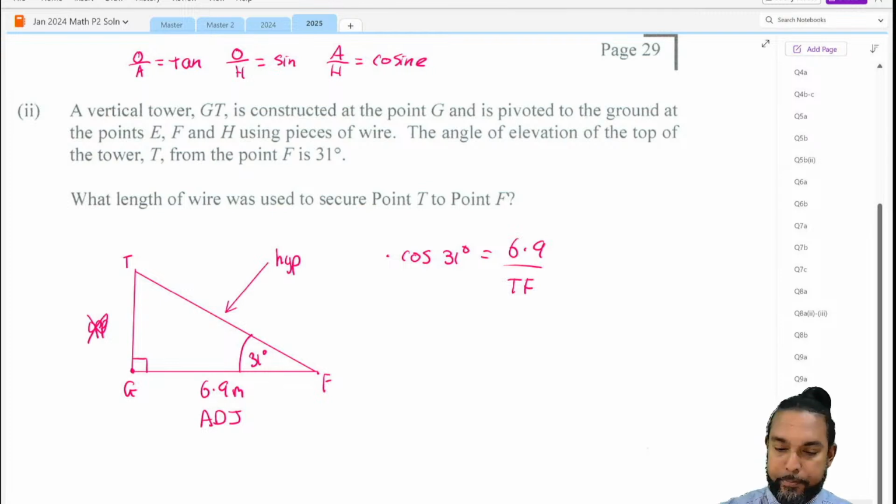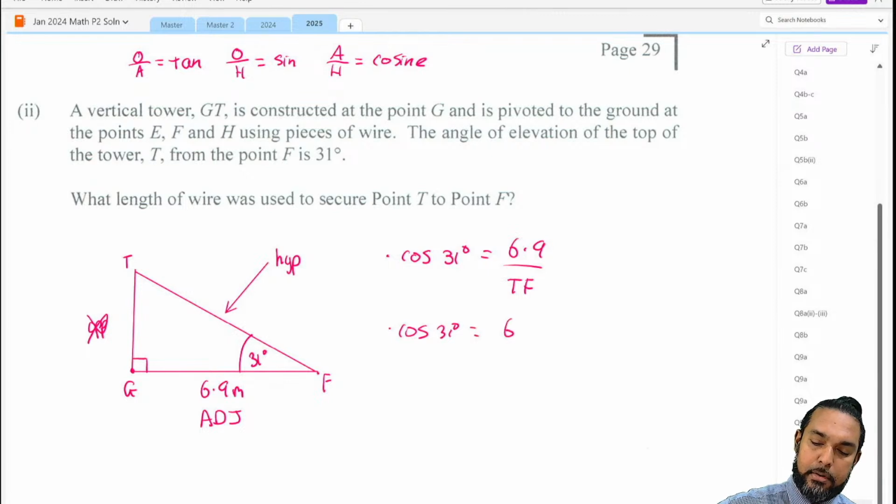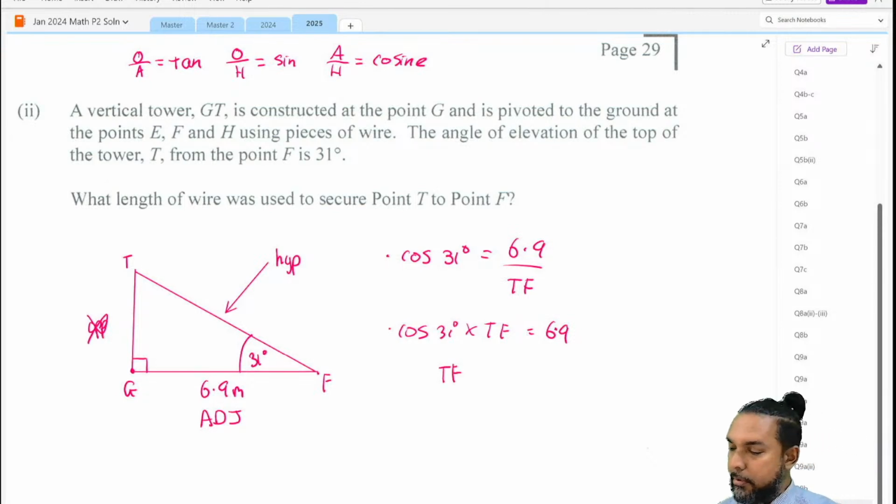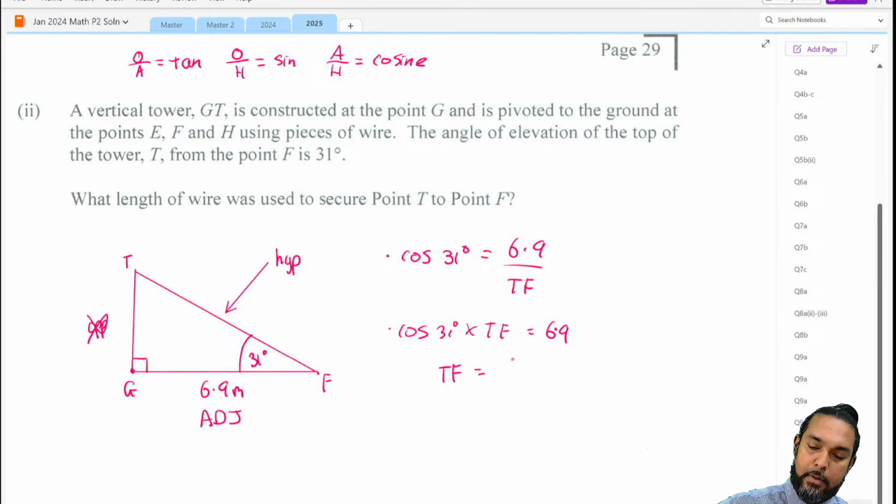Right, let's go. So here we can multiply by the denominator. 6.9, sorry. And now to solve for TF, right? So 6.9 all over cos 31.